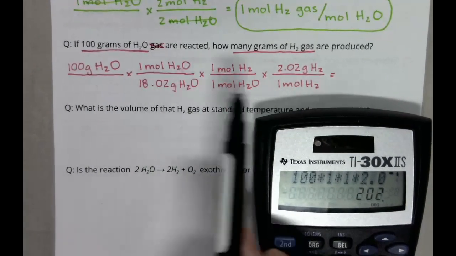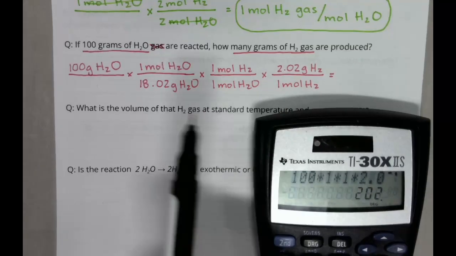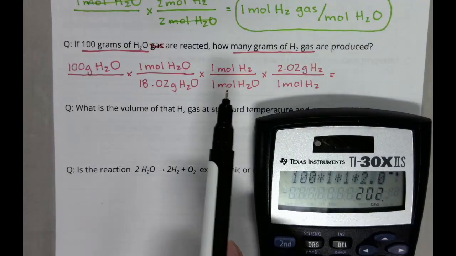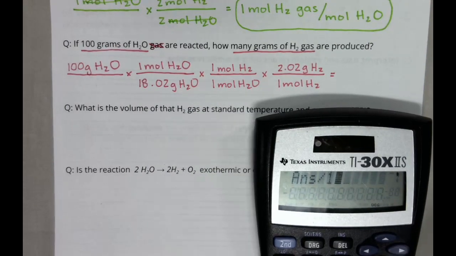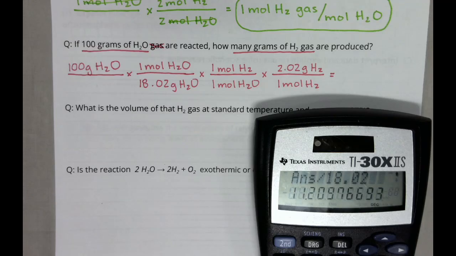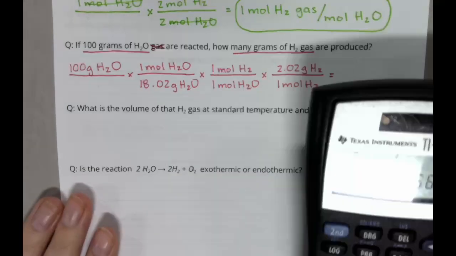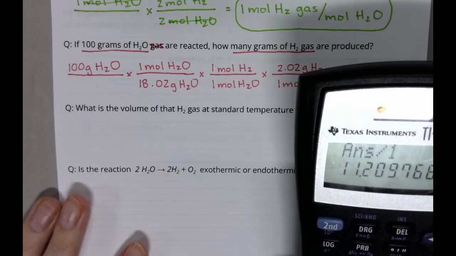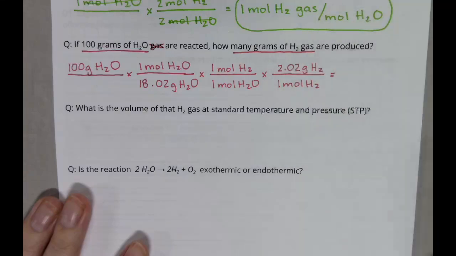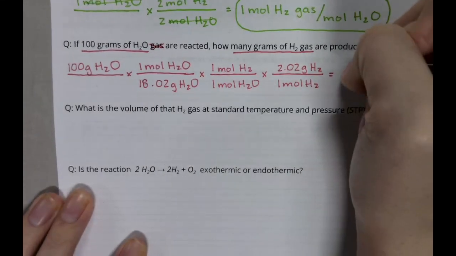Now we're going to divide by everything on the bottom. So we're going to do 202 divided by 18.02 divided by 1 divided by 1. Now, could you skip the divided by 1 steps? Absolutely you could. But once again, I don't skip steps because they may not always be ones. So our answer is 11.21 grams of hydrogen gas.